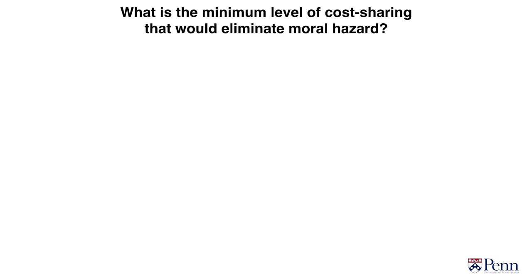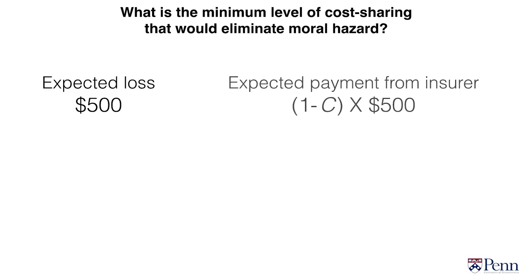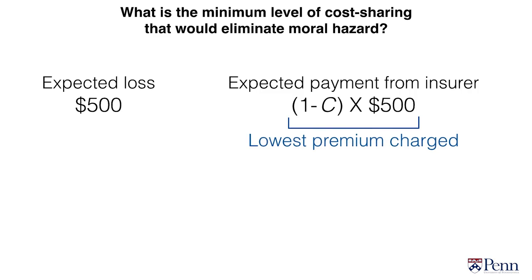If that is the case, then the expected loss would be $500, and the expected payment from the insurer would be 1 minus C times $500. Since this is the expected payment, this would be the lowest premium that the insurer will charge the owner.